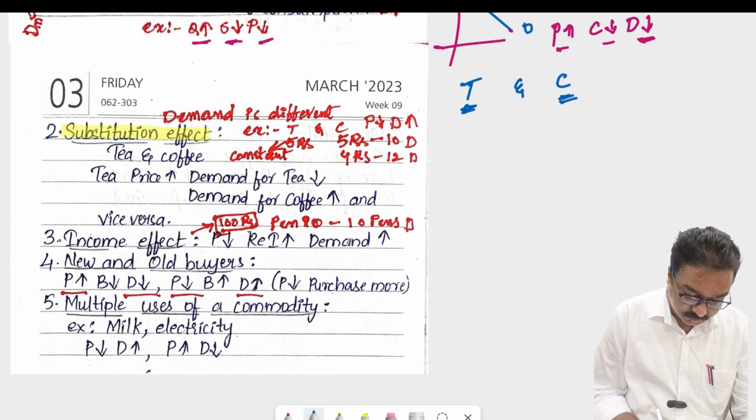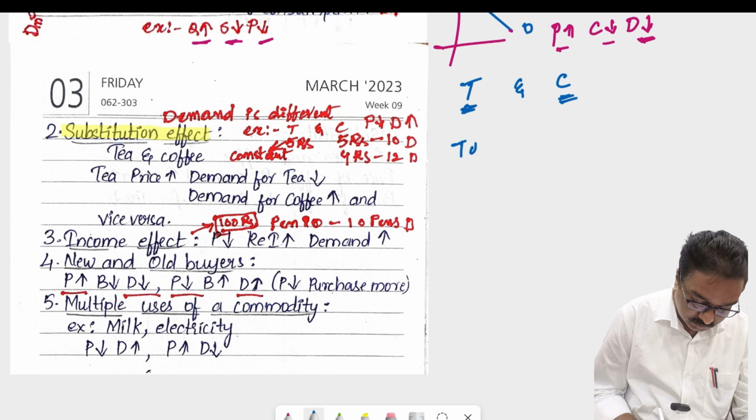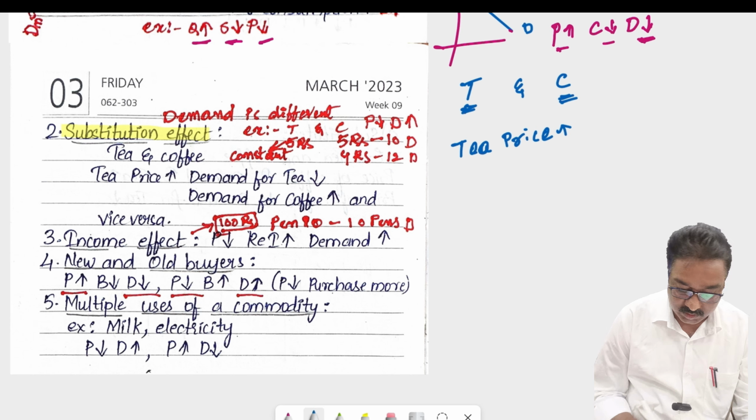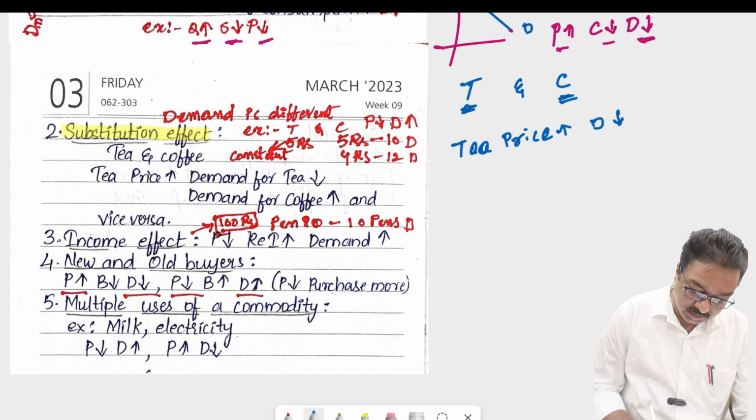For example, if the tea price increases, its demand will decrease. Tea price increases, the demand will decrease.